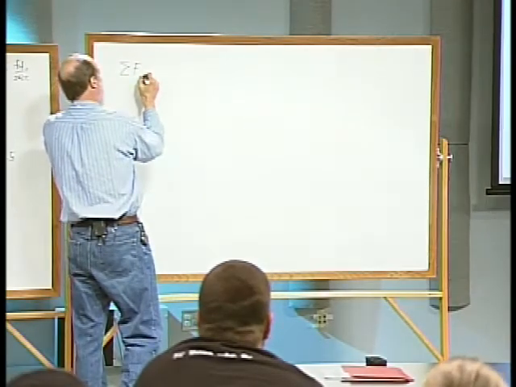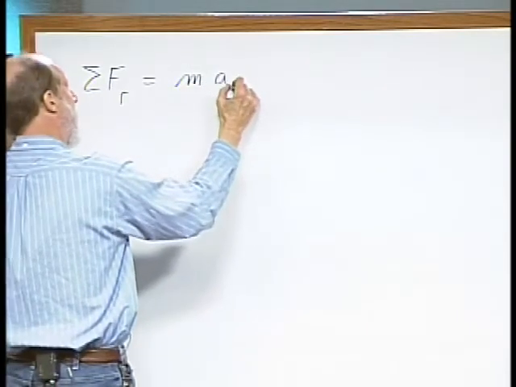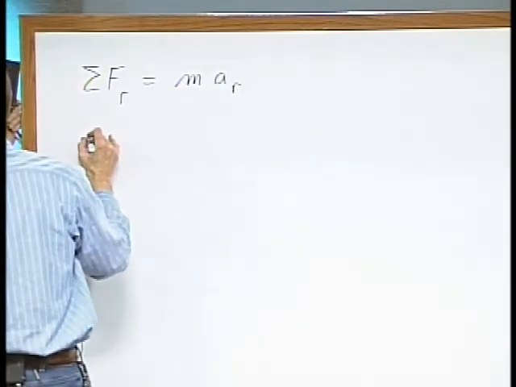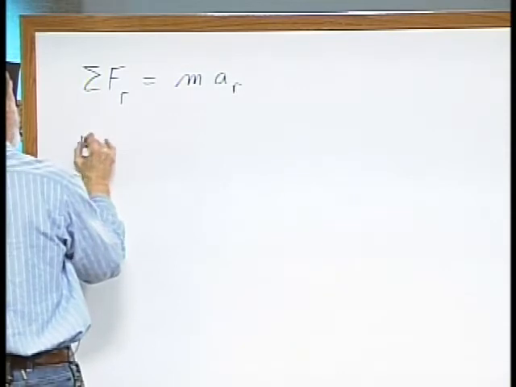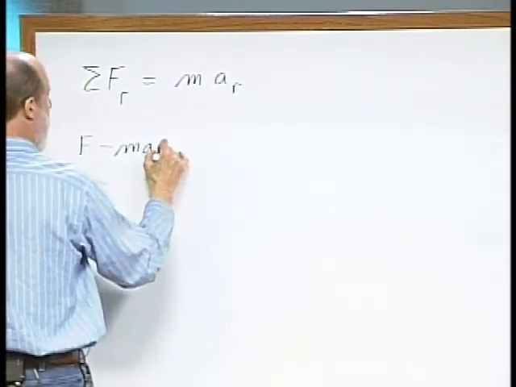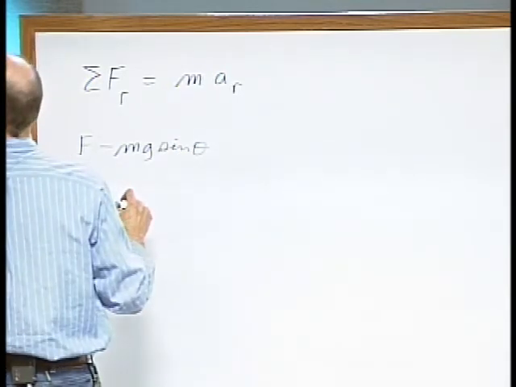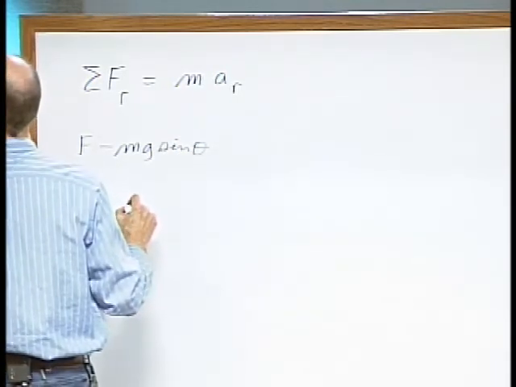Sum of forces r is equal to mass times acceleration r. Looking at the picture, we have the friction force minus the component of weight, mg sine theta. That's it, isn't it?